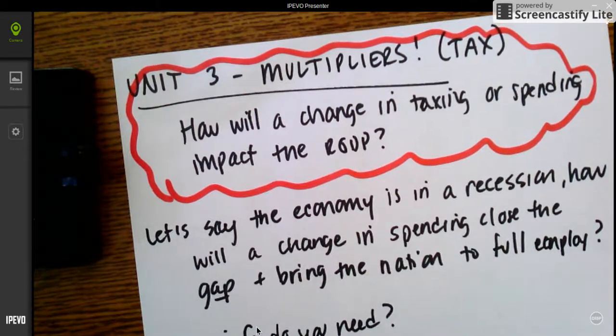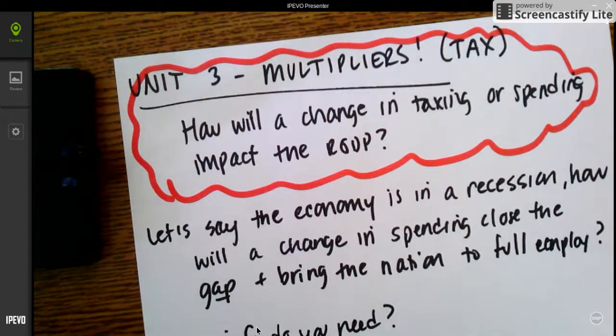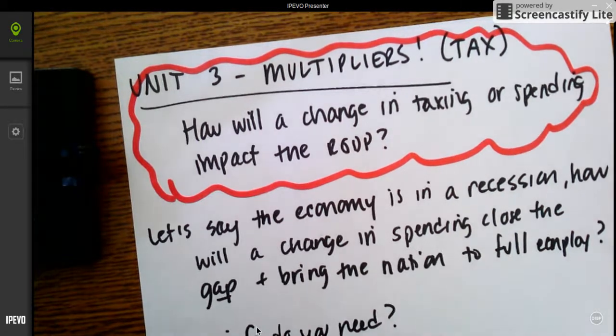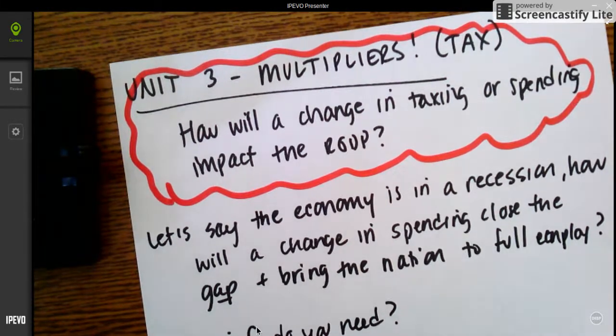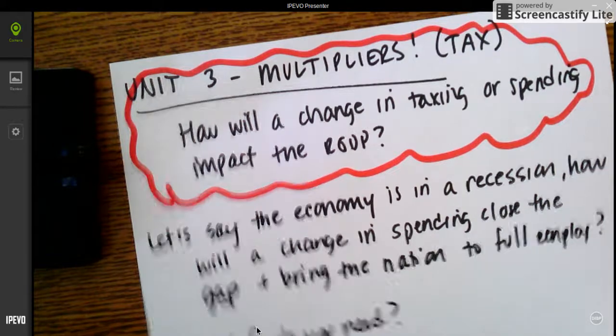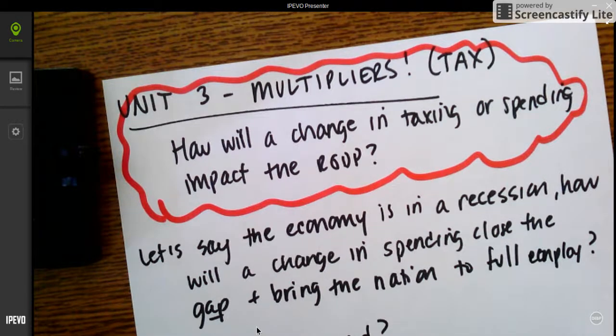So this would be how the taxing is going to be government policy, and then that is going to impact the way that consumers and businesses spend money because it's going to affect their disposable income. So basically, when you change taxes, you then manipulate how much money people have to spend, and then you're impacting the spending in the economy. So these two are pretty closely related.